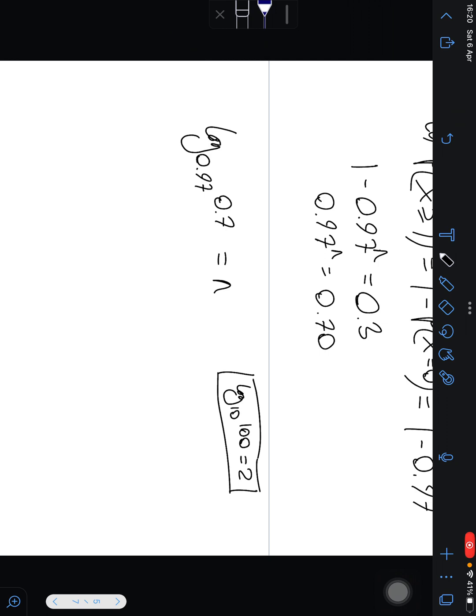So I put this into my calculator. I get 11.7.